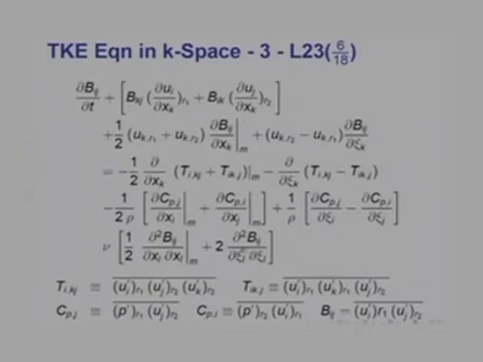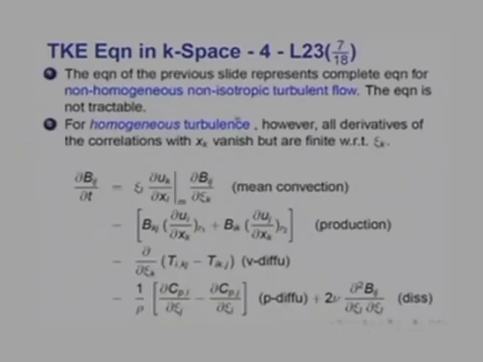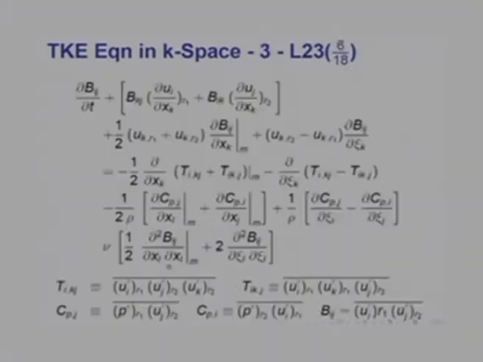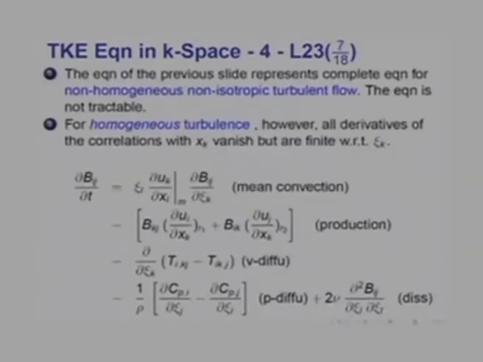So, to make further progress now, we postulate the equation of the previous slide represents the complete equation for non-homogeneous, non-isotropic turbulent flow. The equation is not tractable because it has two types of independent variables, as you can see, psi k and x k: the midpoint and the difference between the 2 points.